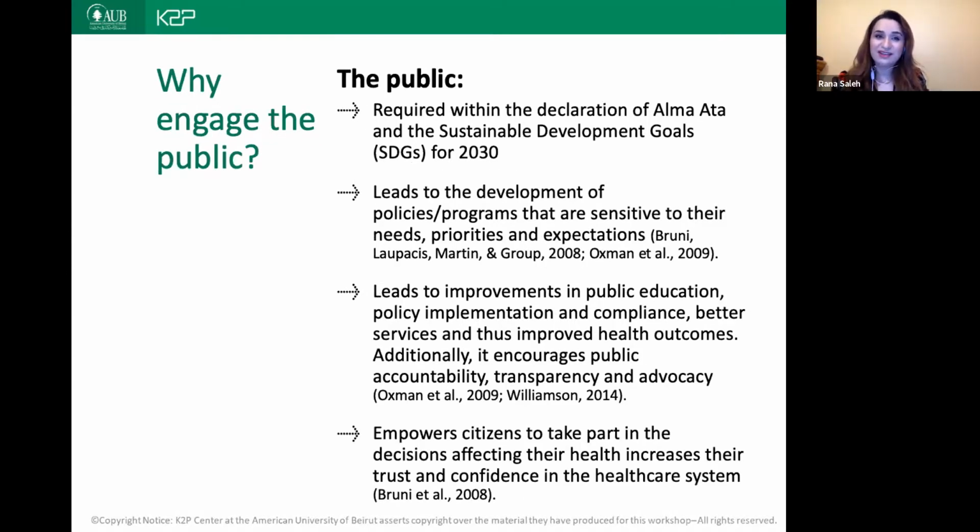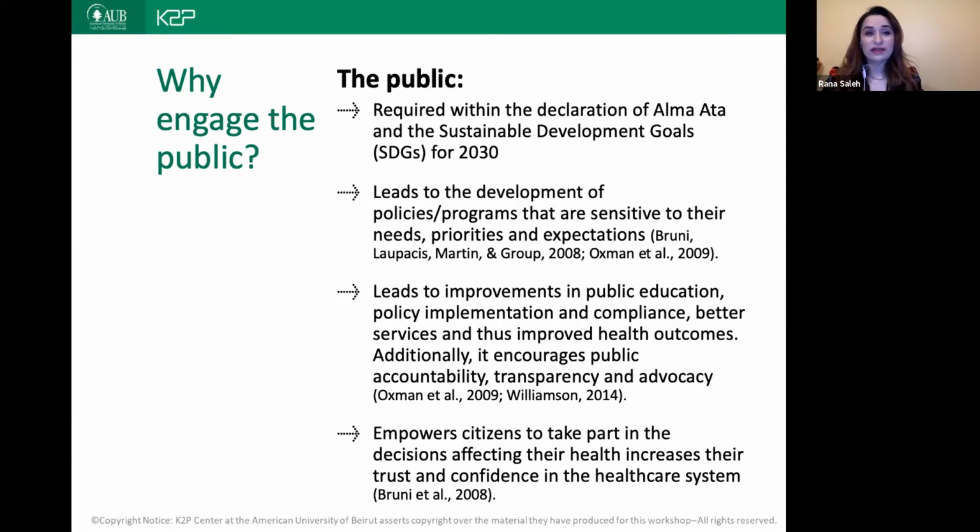The public. It's ideal to engage with them. Why? Because it's their right before anything else. It's their right based on human rights, and the Alma-Ata Declaration and the Sustainable Development Goals also highlighted the importance of engaging the public in the decision-making process. Why is it important?